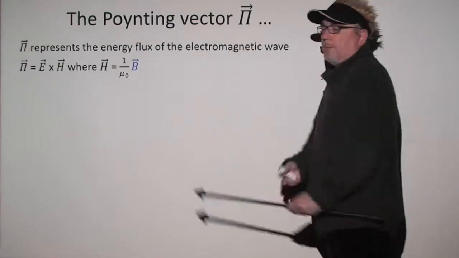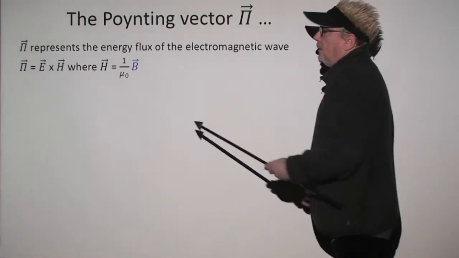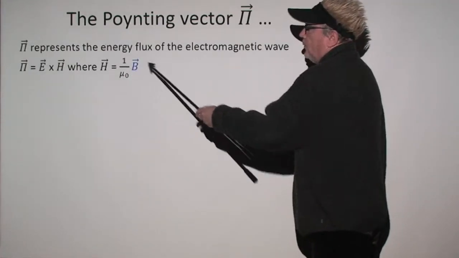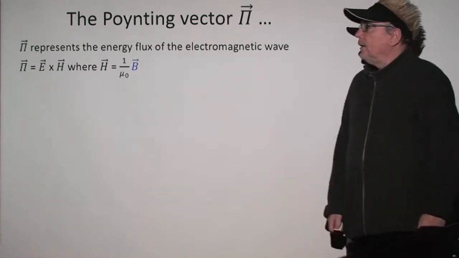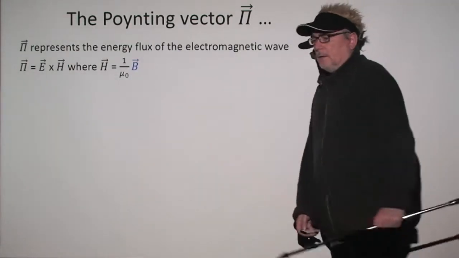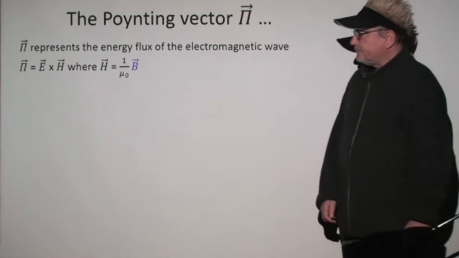Basically, H is independent of the medium, and B depends on the medium, which is why all you have to know is that in vacuum, H is just proportional to B, like that. So you can say it's very similar. In any case, H is in ampere per meter, and B is in teslas.